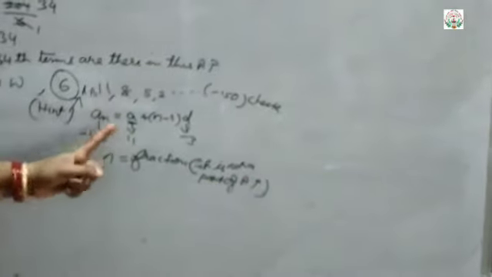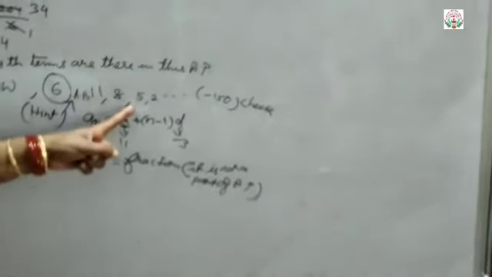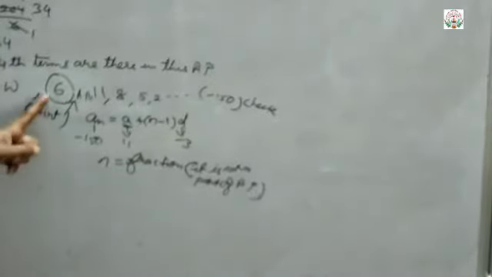Clear? Using these values, you have to find whether minus 150 belongs to this series or not. Clear children? So the sixth question and the fifth second part, both you do as homework.